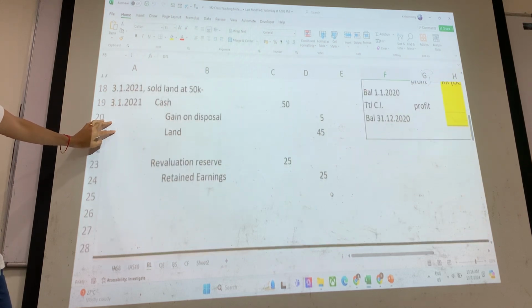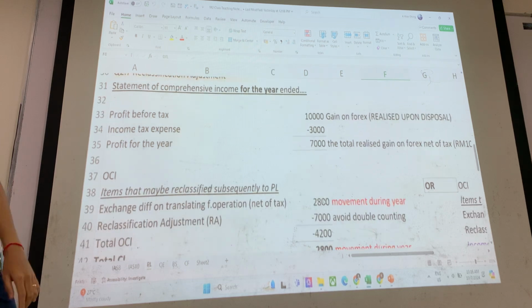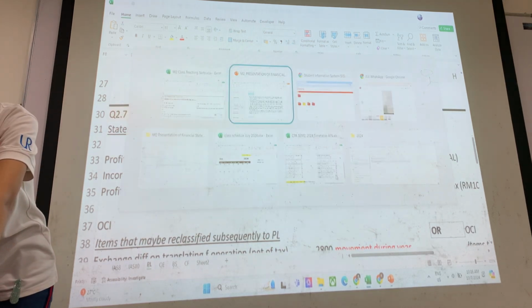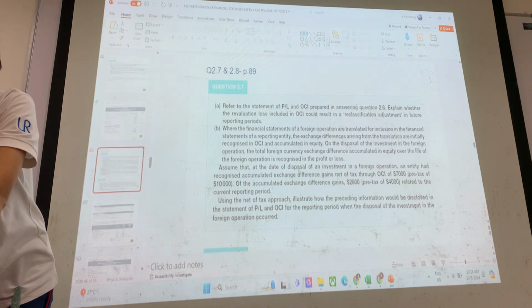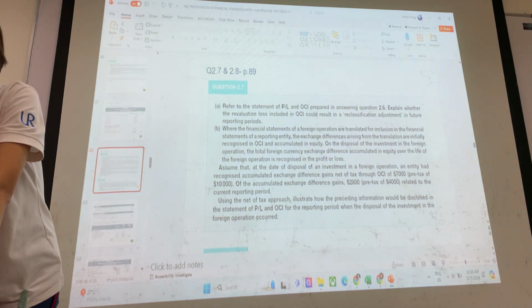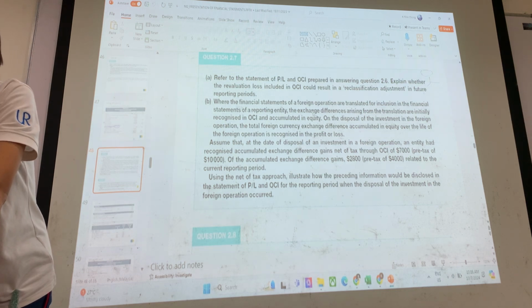So now we are actually looking at this reclassification adjustment. You see whether you can get me or not, slowly. So this is a bit difficult. Now, we are talking about B. We have one foreign operation, and there is an exchange difference because that one is another country.